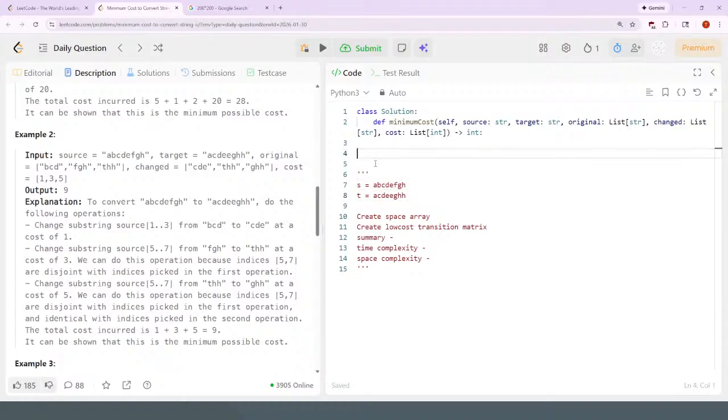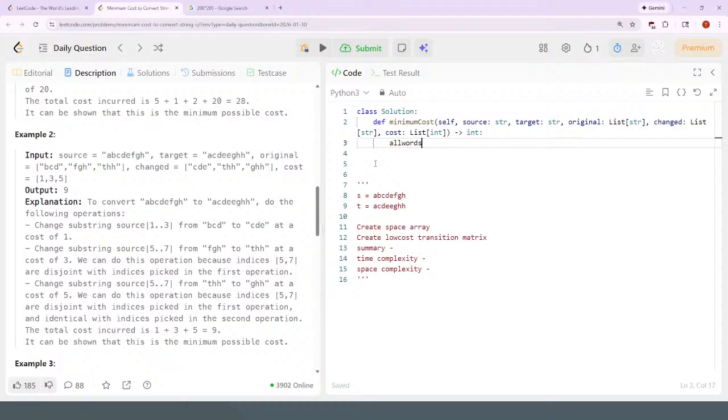I know I'm gonna screw up this part. This part is gonna be very suboptimal. Okay, so let's go, all words. There's gonna be a dictionary that maps to a number. Is that right?